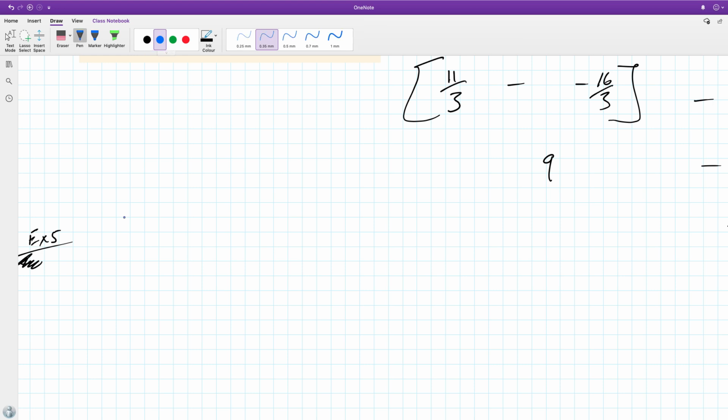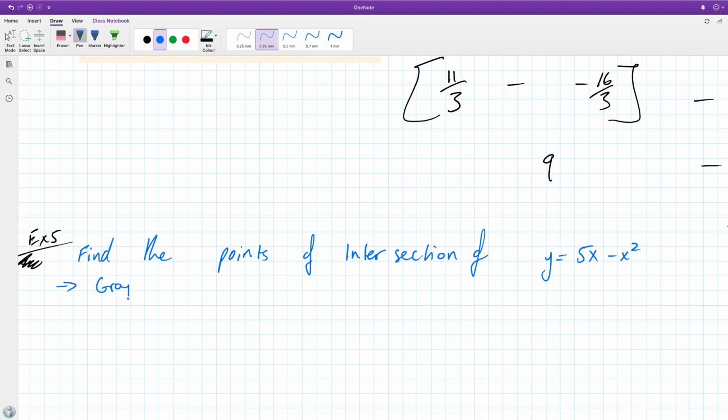Right, this one's much nicer. Find the points of intersection of y is equal to 5x minus x squared, graph the two, and calculate the area bounded between the curve and the line.